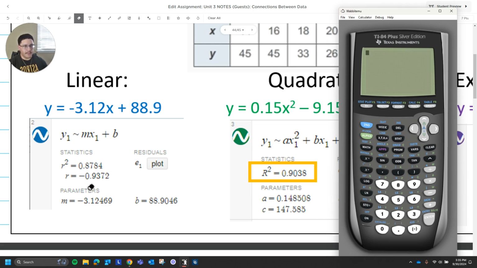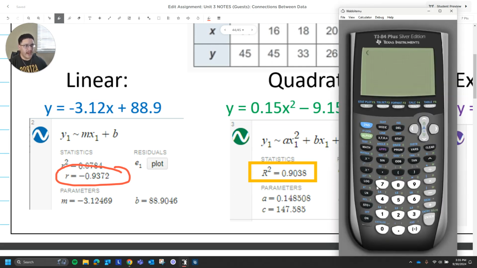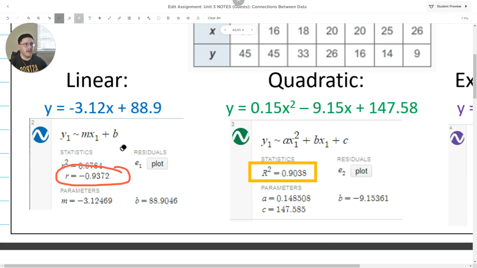So, for example, for linear, I'm going to take the R value right here, type it in with parentheses, negative 0.9372, close parentheses, and then square it. And I get 0.878, which is right up here.